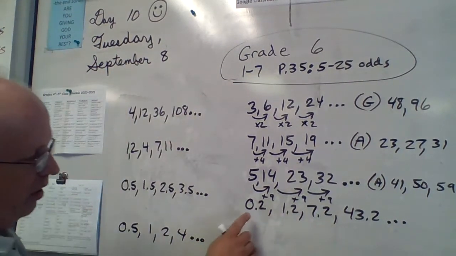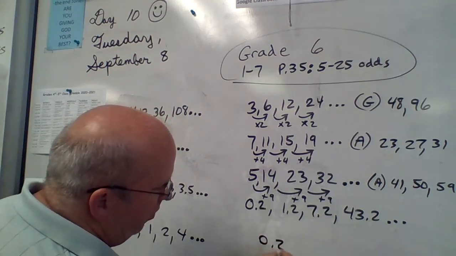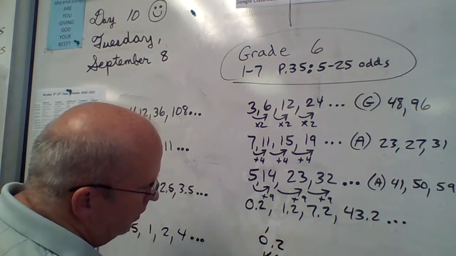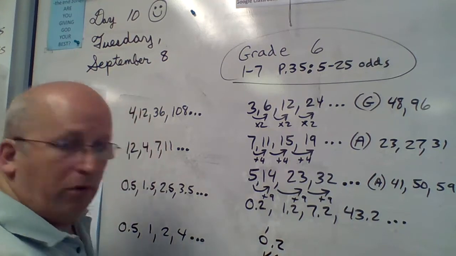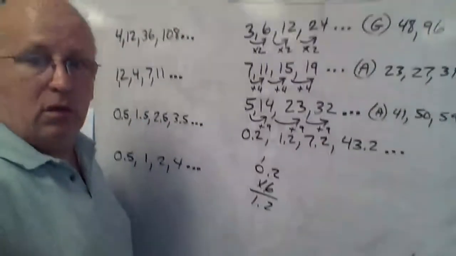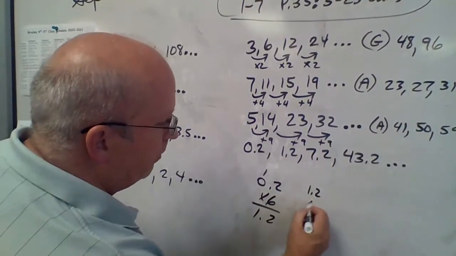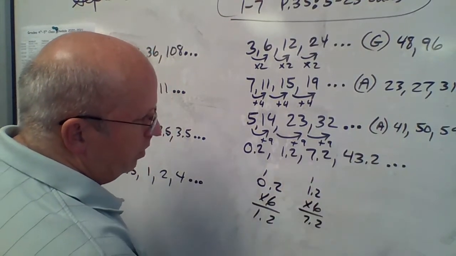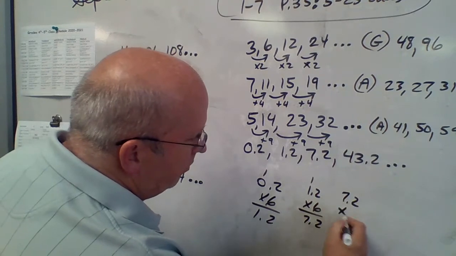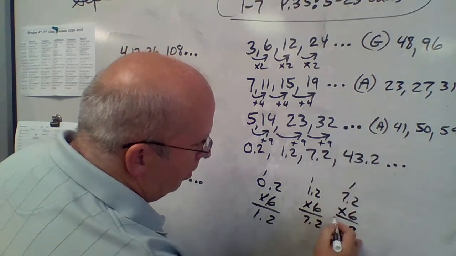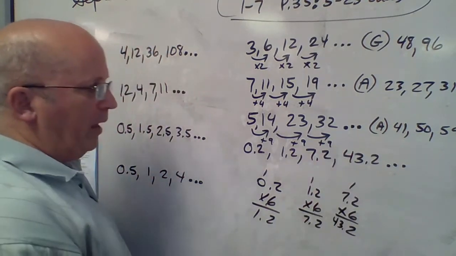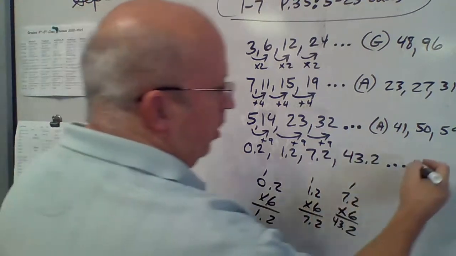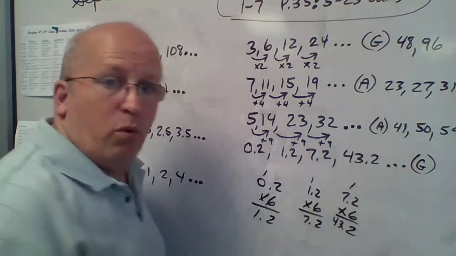Let's try 6. What's this times 6? Well, I'm getting 1.2. Hey, that works. What about the next number times 6? I get 7.2. Hey, it works. What about the next number times 6? Hey, it works. Must be the pattern. It's multiplying by 6, which makes this a geometric sequence.